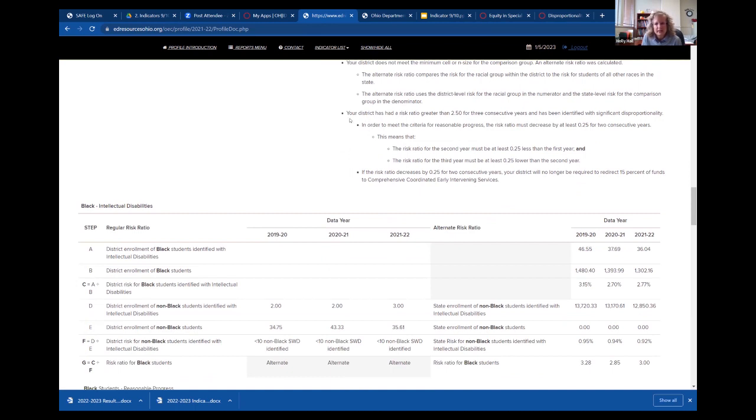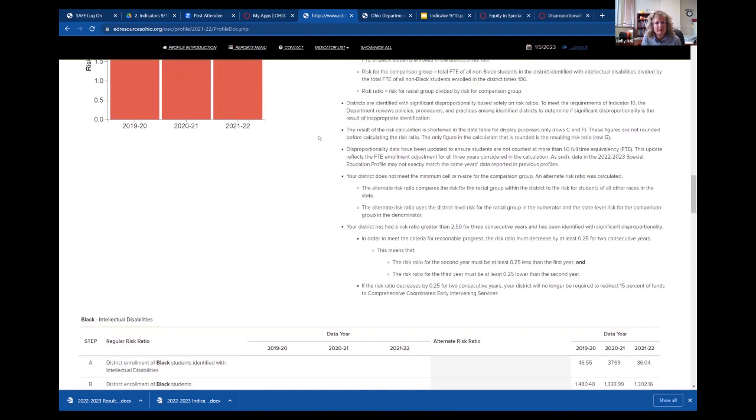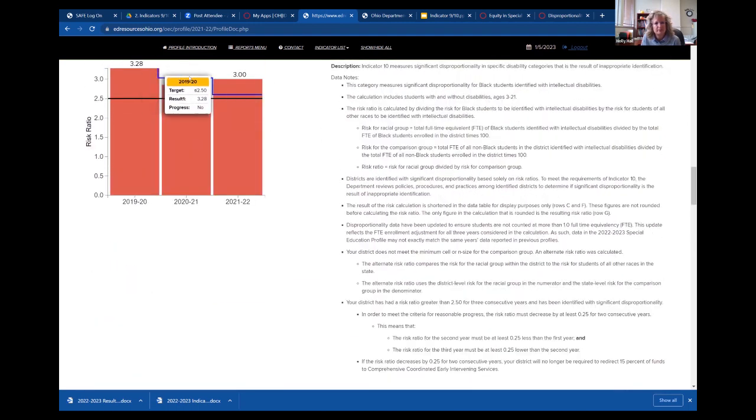Your district has had a risk ratio greater than 2.5 for 3 consecutive years. And so when we look back up at this graph, that's kind of what that blue line is helping to reflect. Well, I'm sorry, this 2.5 line kind of gives us that threshold.